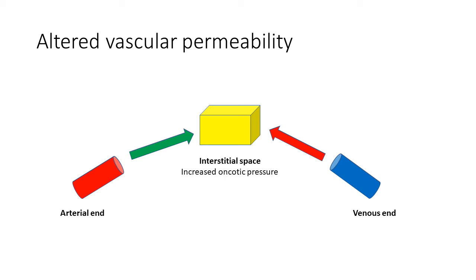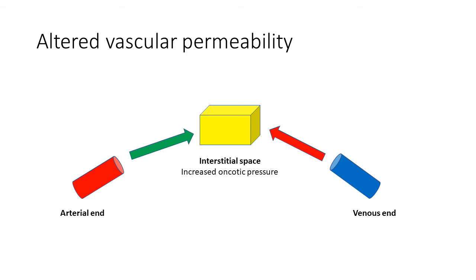The interstitial osmotic pressure, which we saw as small and insignificant in normal condition, now becomes significant. And we know osmotic pressure always pulls the fluid inwards, and so the fluid moves from intravascular compartment to the interstitial space, or in other words, more fluid is retained in the interstitial space, leading to edema or tumor or swelling.